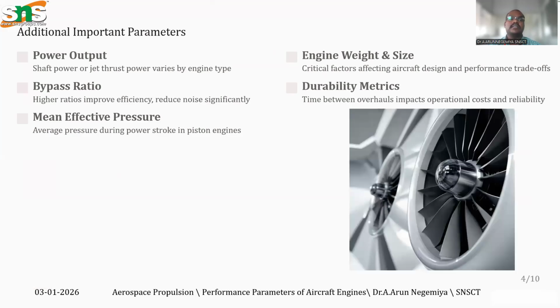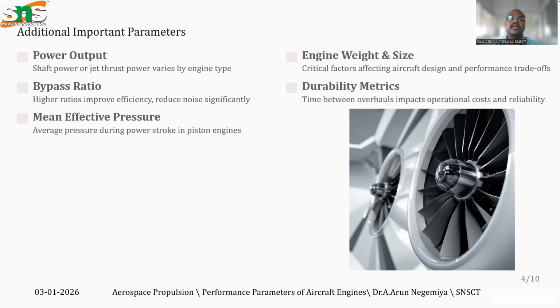And next, the additional important parameters. The first one is the power output. Power output can be used to increase the thrust during the takeoff. Next one is the bypass ratio. Bypass ratio can improve the aircraft efficiency and reduce the noise during the flying conditions.